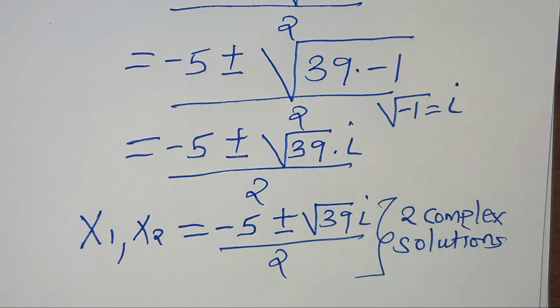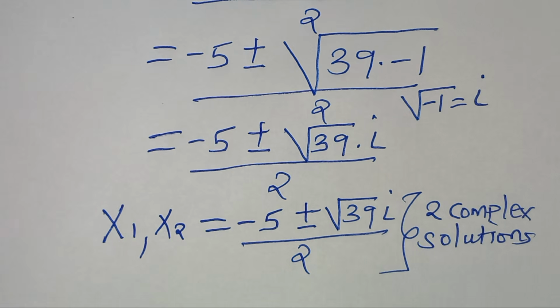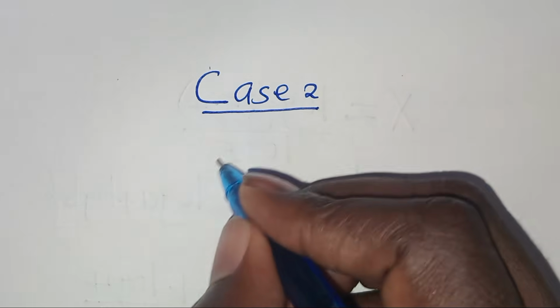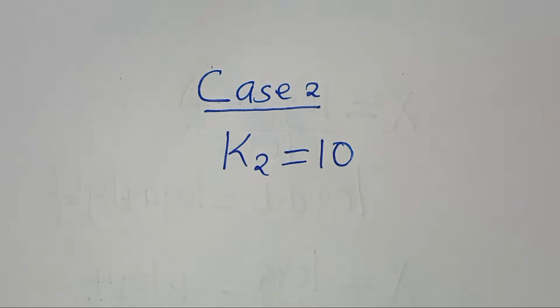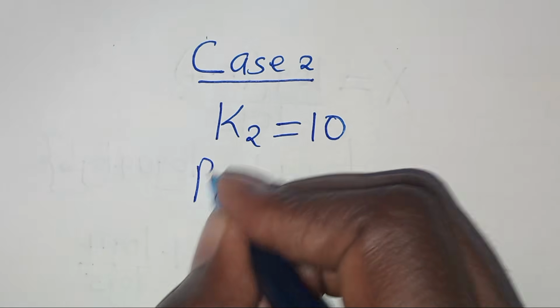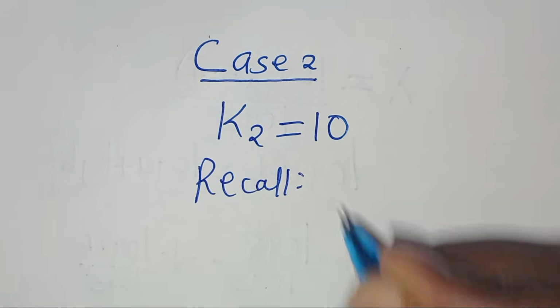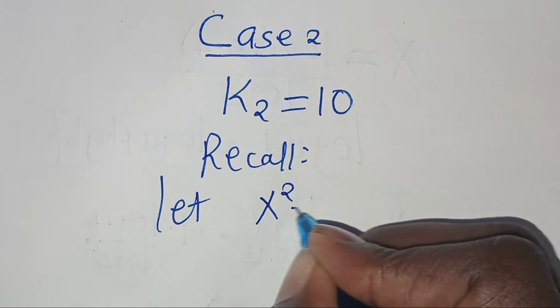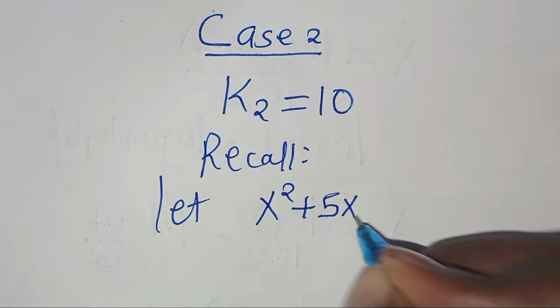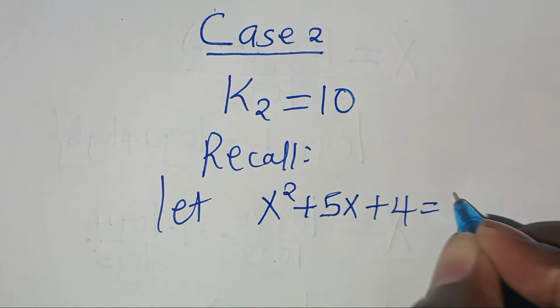So let's proceed to case 2 from here. Now in case 2, we have that k2 is equal to 10. Now if you recall, we are saying that we let x to the power of 2 plus 5x plus 4 be equal to k.